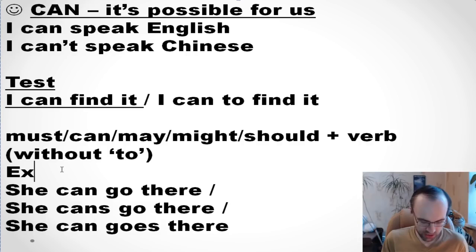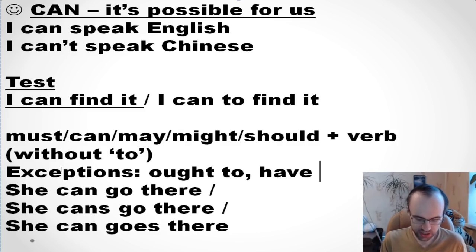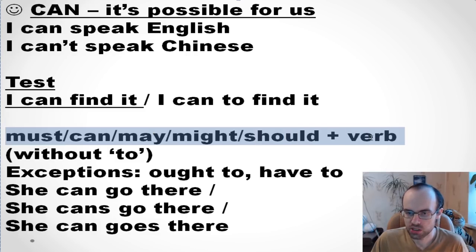But there is one exception, or exceptions. I think you like exceptions. Ought to, okay? Ought to and have to or has to. We use them with to. Ought to means should. We are going to talk about it soon. Just remember that we use these modal verbs without to.